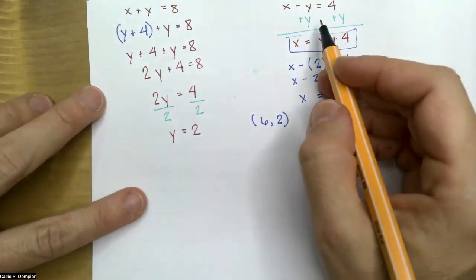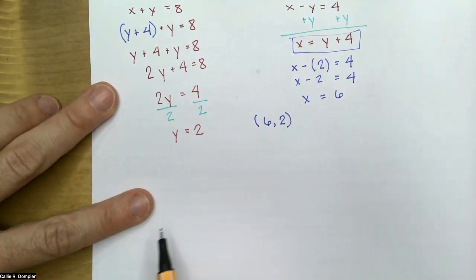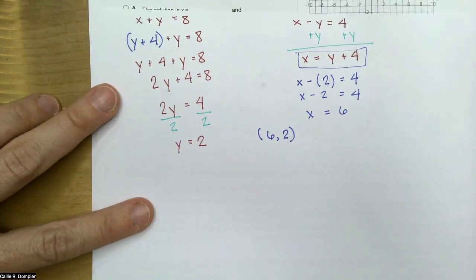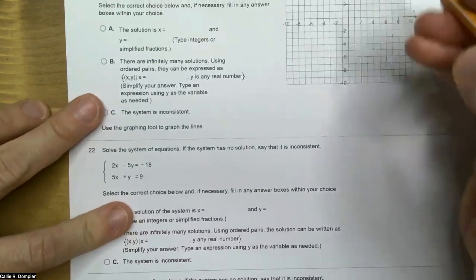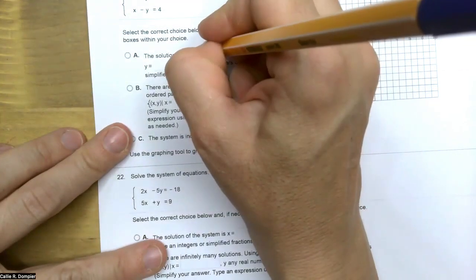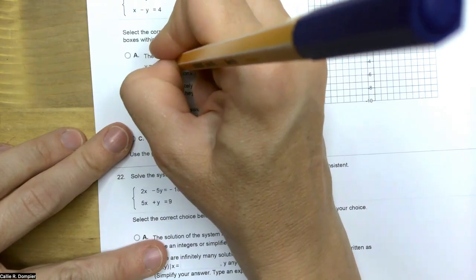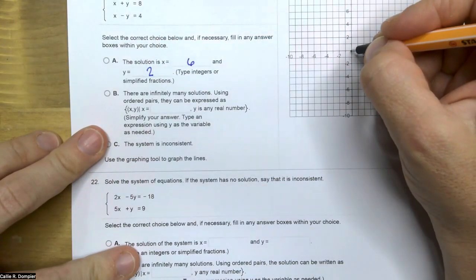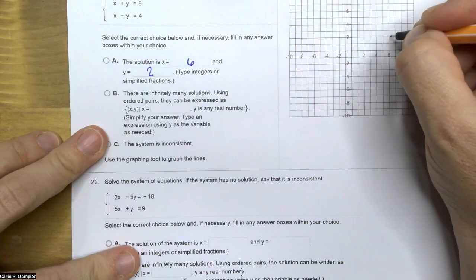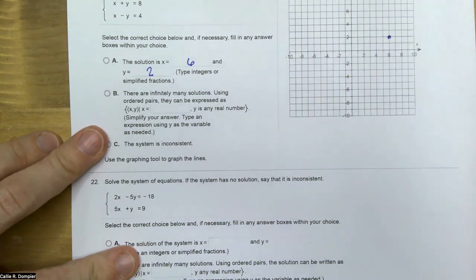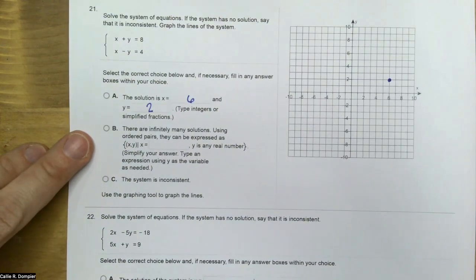And it does not matter if you had used that one or that one at the beginning, or if you had solved for x or for y. I just tried to pick the easiest one. So it's the point 6, 2, x equals 6, y equals 2, which is that point. So when we graph it, hopefully they will both cross right there.